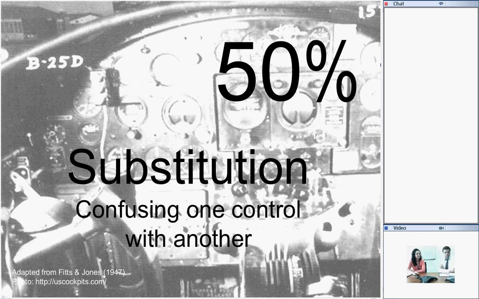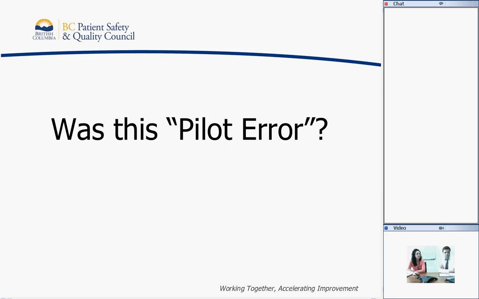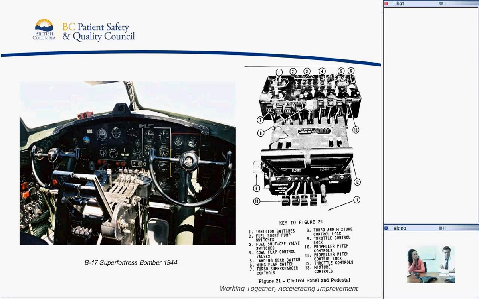Great, thank you. So this next slide will show you where those substitution errors that resulted in a plane ending up on the tarmac. If you look down at the bottom on this central control panel, the landing gear switch and wing flap switch were co-located, very tiny switches up in the far right-hand corner.